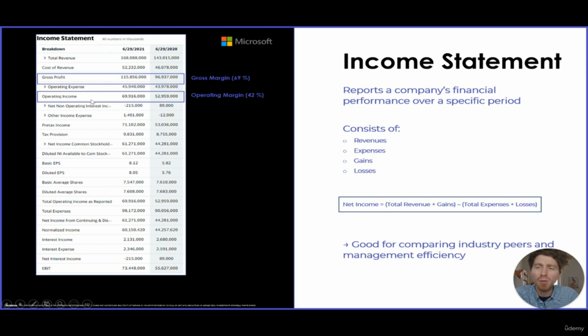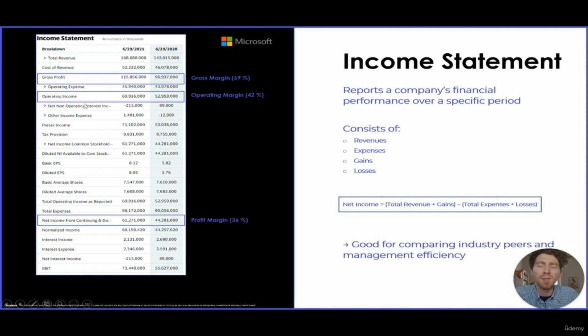Then subtracting from the operating income all the tax obligations they have and all the spendings related to the shareholders, you get to the net income, and you can also calculate the profit margin from there, which in the case of Microsoft is 36%.